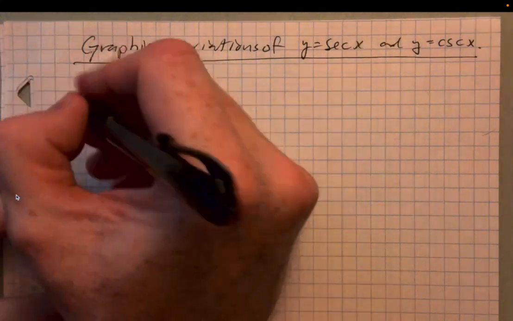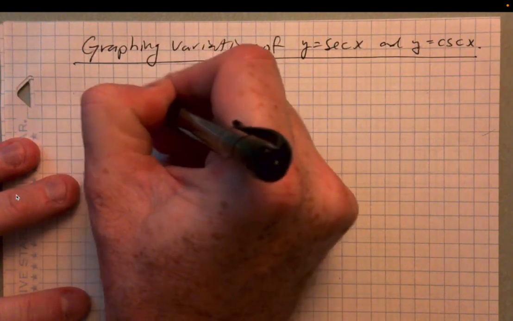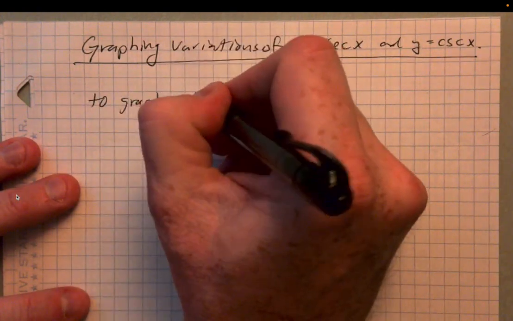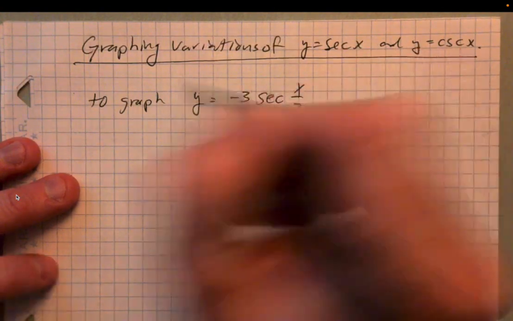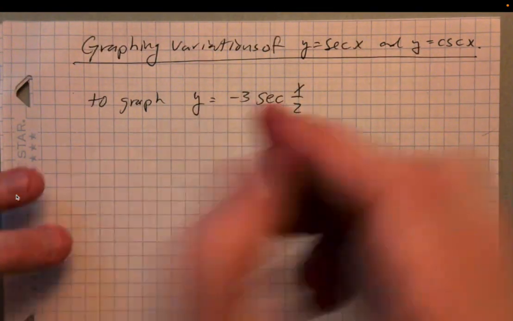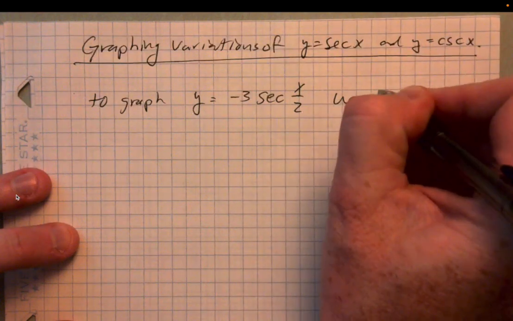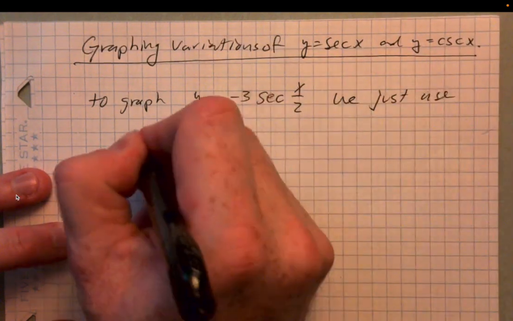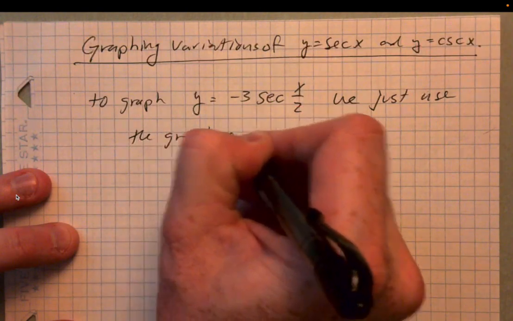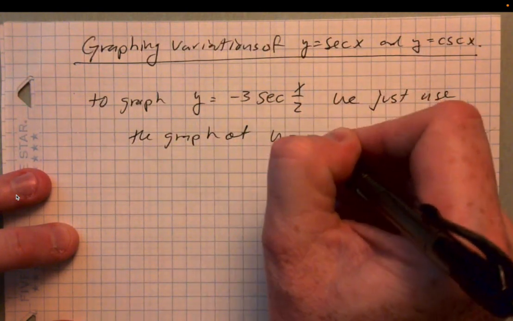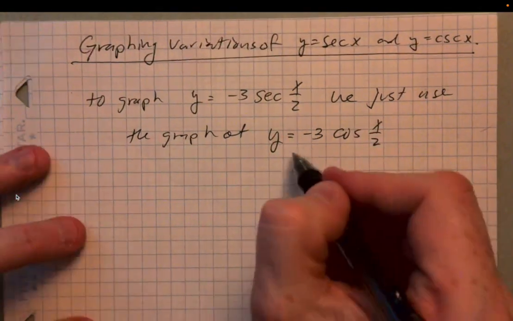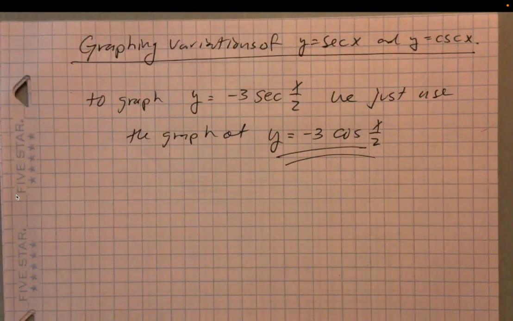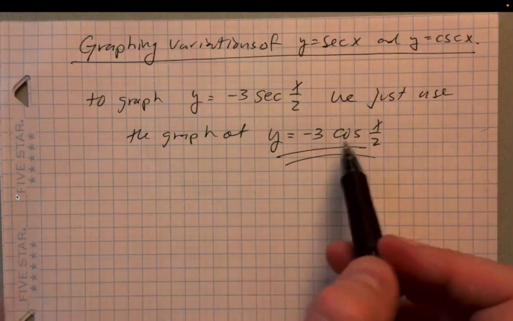So to graph something like y equals -3 secant of x over 2, for example, we would use the graph of y equals -3 cosine of x over 2. Right, so we would use this as a template, and then we can draw in where the secant is going to lie relative to this.